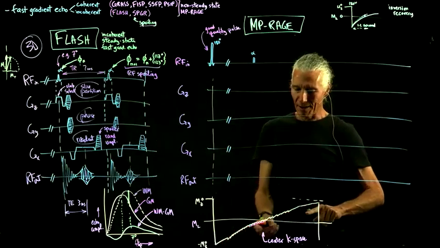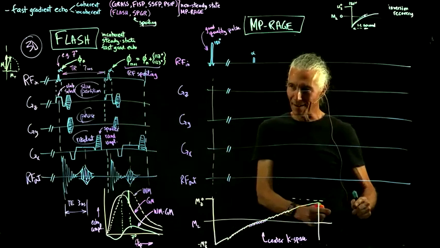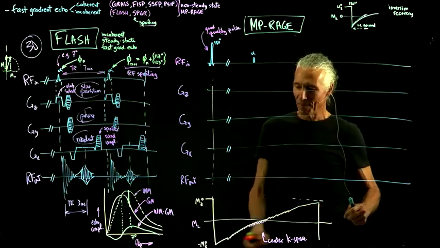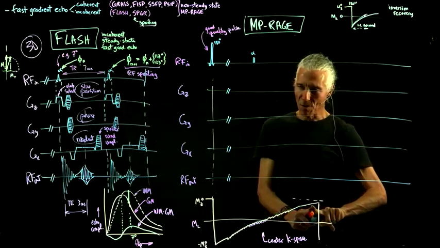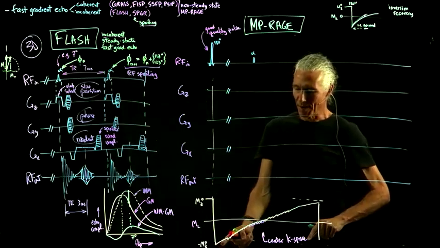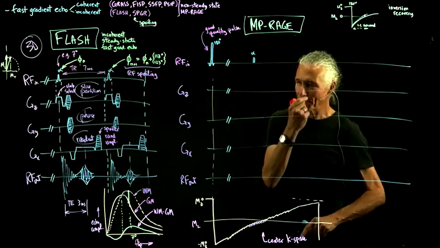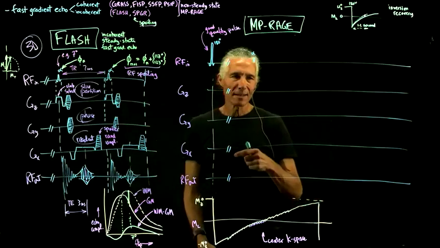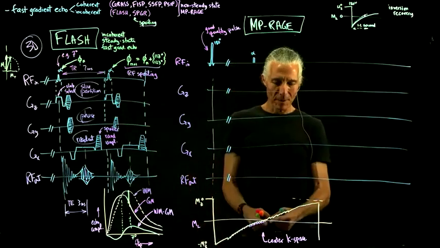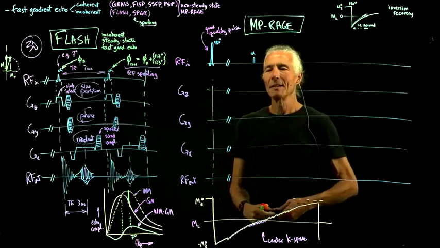You hear a little gap while you're getting some recovery here with no recording and some recovery here with no recording. So you're not continuously recording, but the advantage is you've got much better contrast because of this.